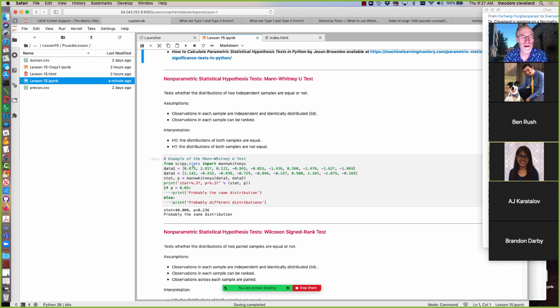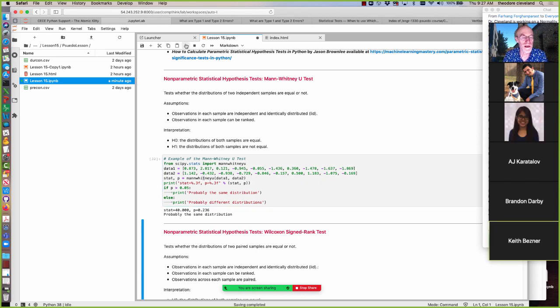So here we have the same data 1 and data 2 again, and what the procedure is going to do is rank them from small to big, and then compute a test statistic, which we'd have to go look up what it is, but it keeps count of the positive and negative differences, and an associated p-value. It's called the Mann-Whitney test.